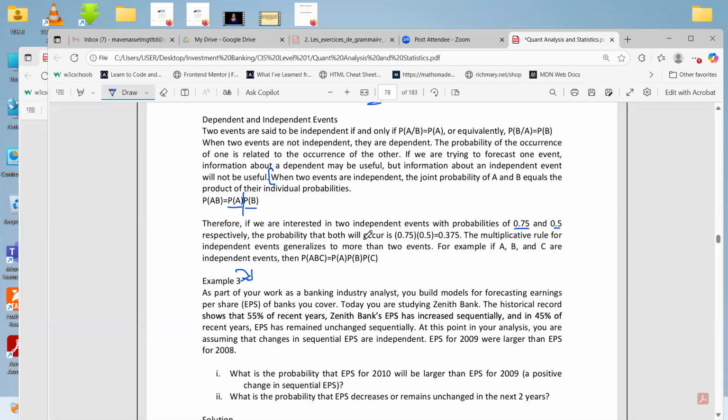The probability that both will occur, that is A and B, will be the probability of A times the probability of B. So this is the multiplicative rule we are talking about. The multiplicative rule for independent events generalizes to more than just two events. So if you have A, B, C, their probability will be the probability of A multiplied by B multiplied by C. I hope this is clear to us.